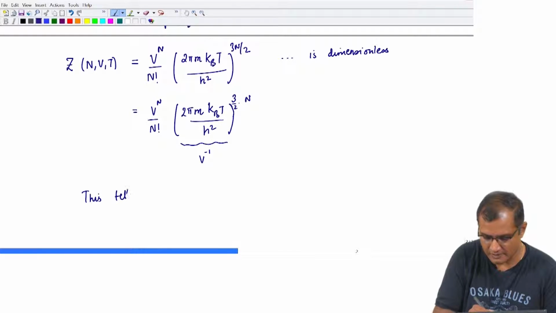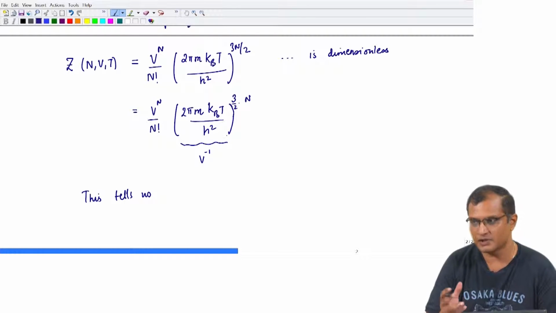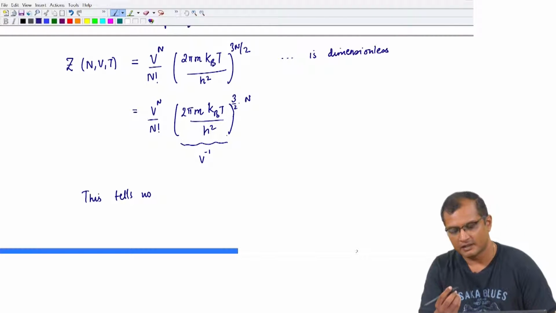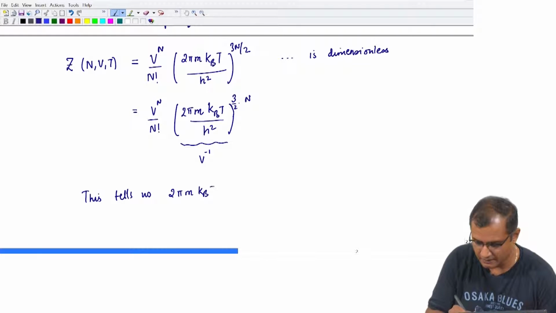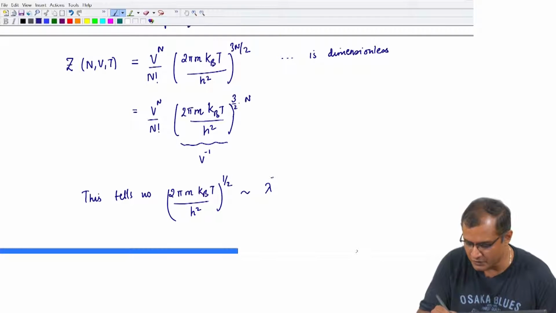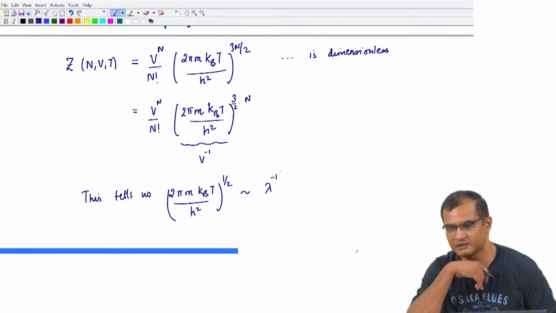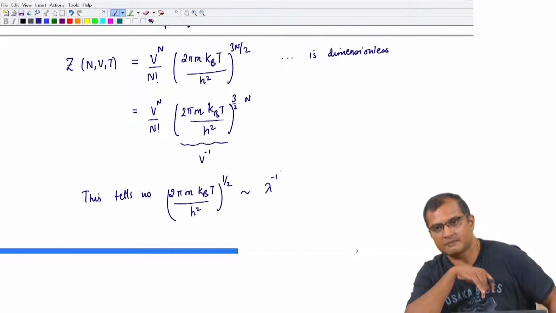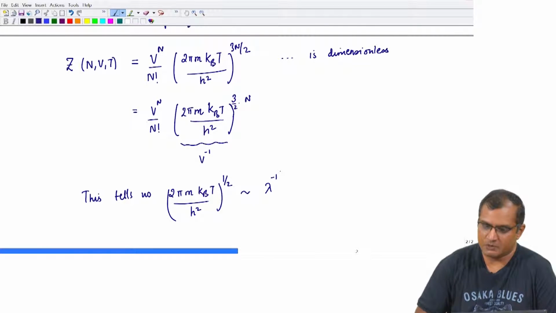this tells us that the entire thing that I have indicated as V raised to minus 1 is a cube of a length scale. So, I can tell that (2 pi m k_B T upon h squared) raised to just the 1 half is related to some length to the power minus 1, because now if I raise both to the power 3 that becomes lambda to the power minus 3, which is like a 1 upon volume, that is what I want.